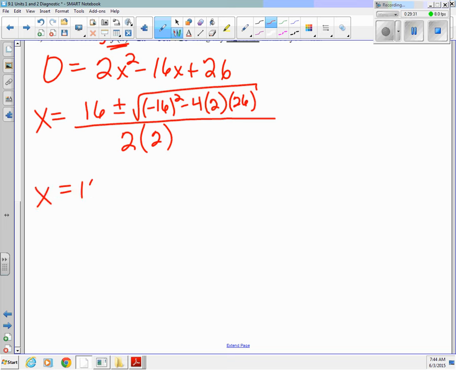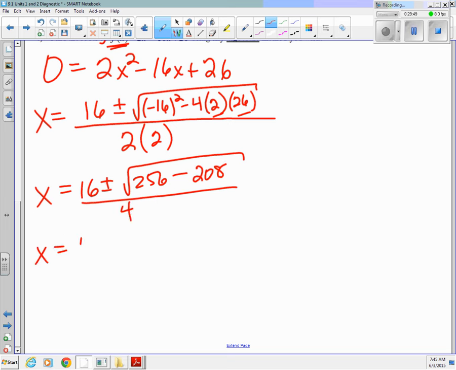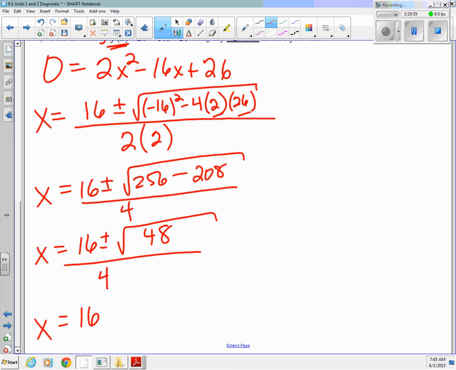So x is 16 plus or minus the square root of 256 minus, let's see, I've got to do this quickly. 26 times 2 is 52. 52 times 4 is 208, over 4. So 256 minus 208 is 48, over 4. So I get x is 16 plus or minus.